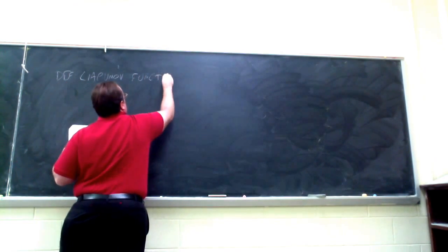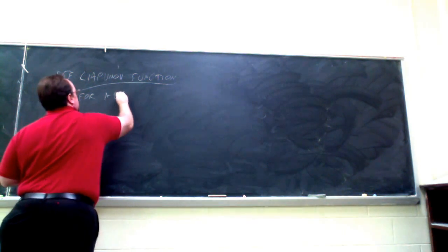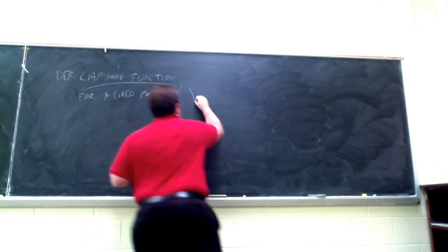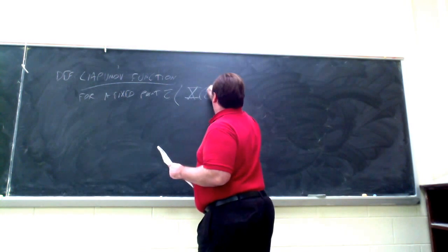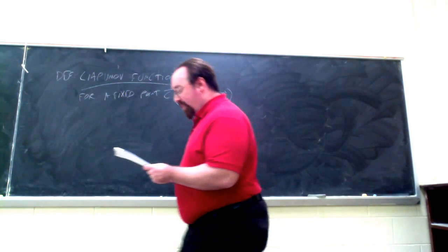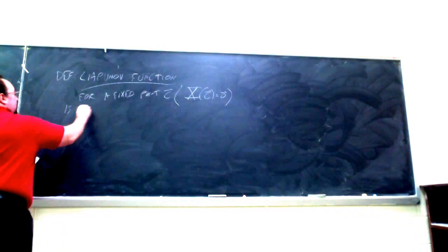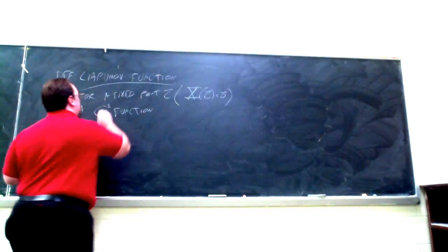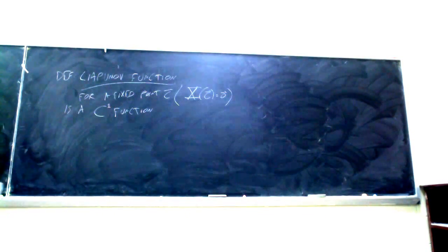Okay. So next definition: Lyapunov function. A Lyapunov function for a fixed point C of some vector field X, so big X of C is the 0 vector, is a C1 function, and I've used this notation before, C1 means it's continuously differentiable.